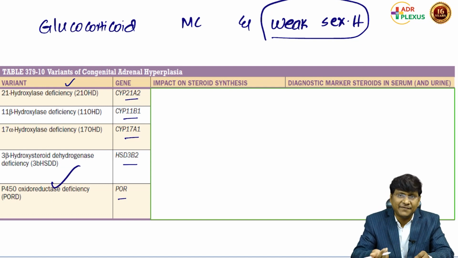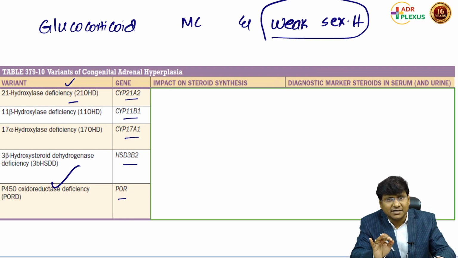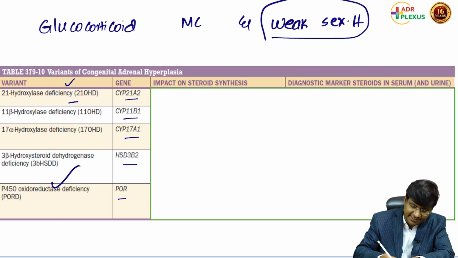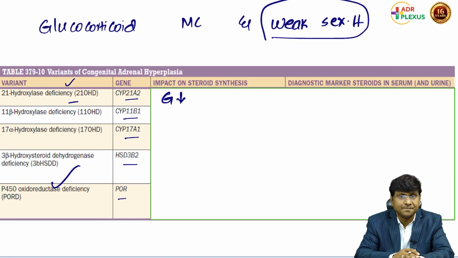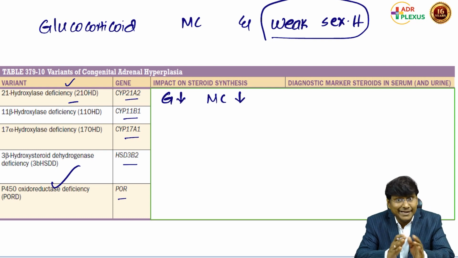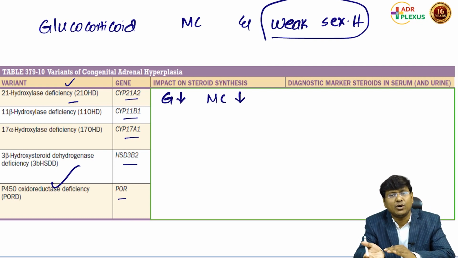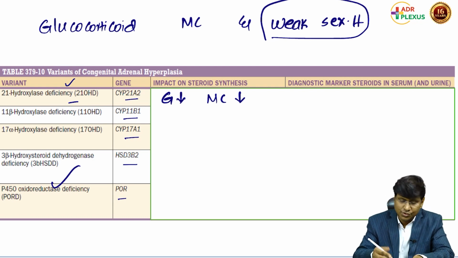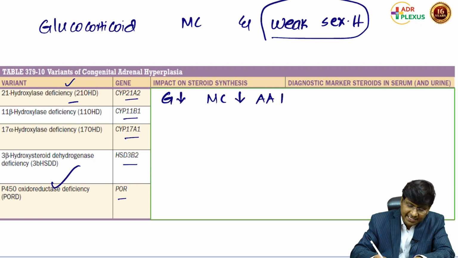If these enzymes are defective, the levels of these steroids get altered. For example, what will be the effect if there is deficiency of 21 alpha hydroxylase? It will result in glucocorticoid deficiency and mineralocorticoid deficiency. So the entire cholesterol gets diverted onto the synthesis of the weak sex hormones, and there will be an excess of adrenal androgens.